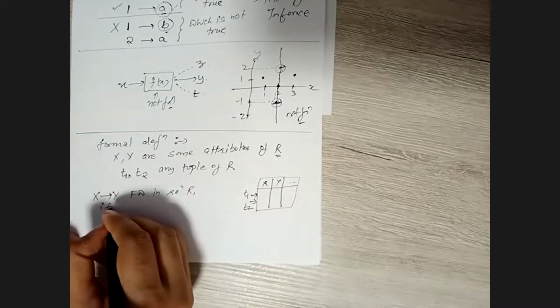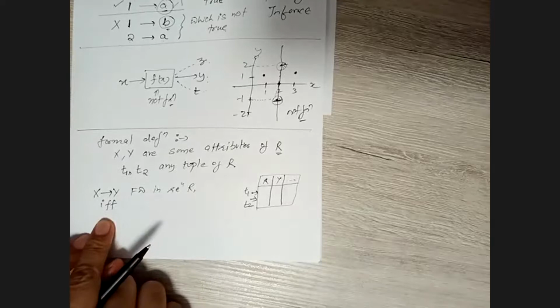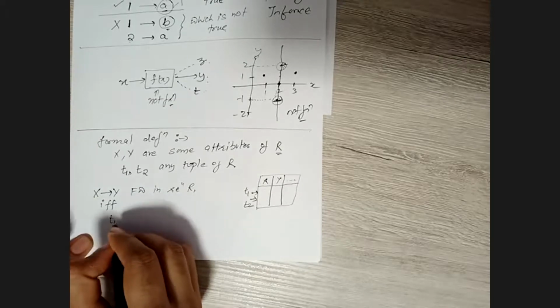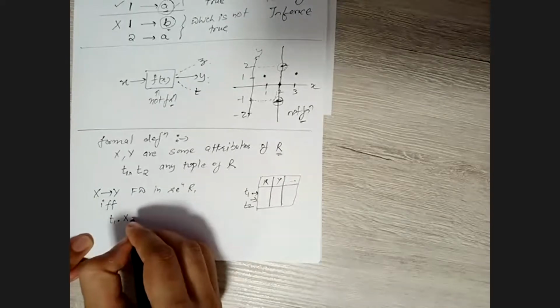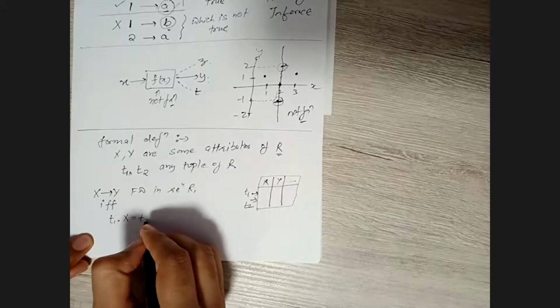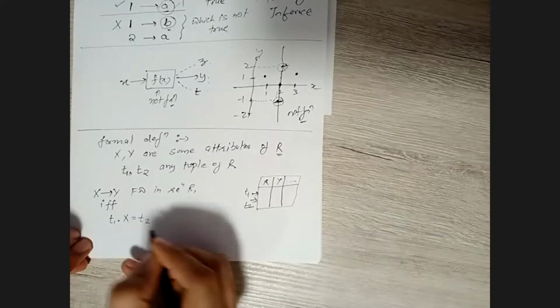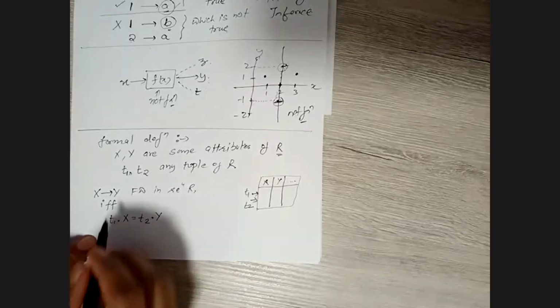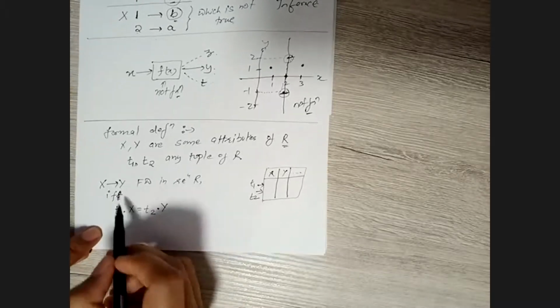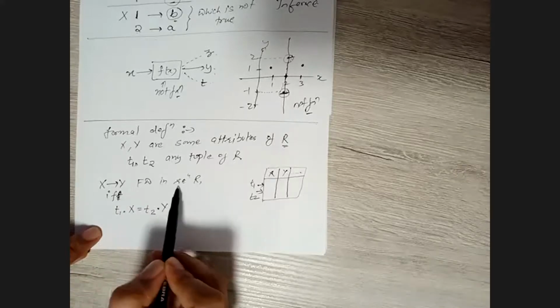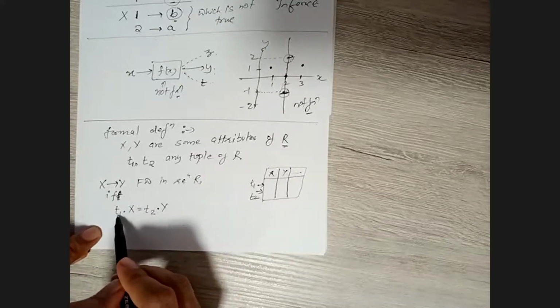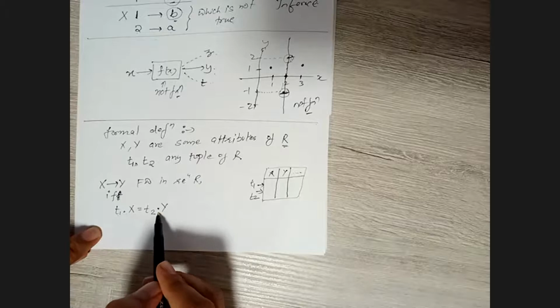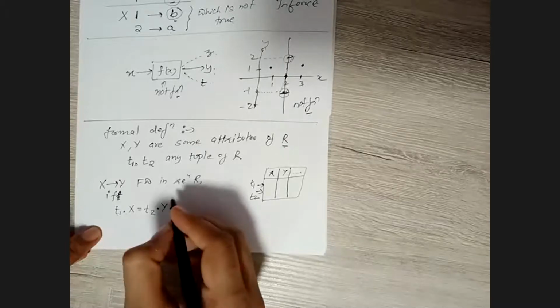If and only if, when T1.X equals T2.X, understand, X determines Y is a functional dependency in relation R if T1.X equals T2.X.